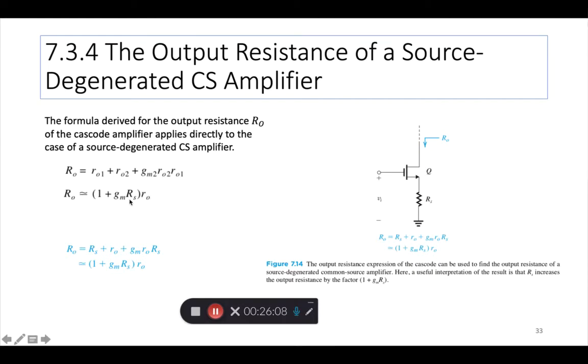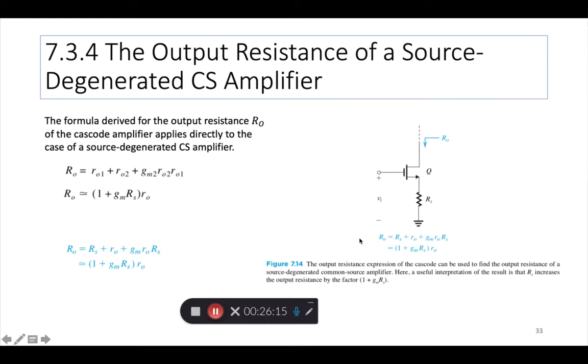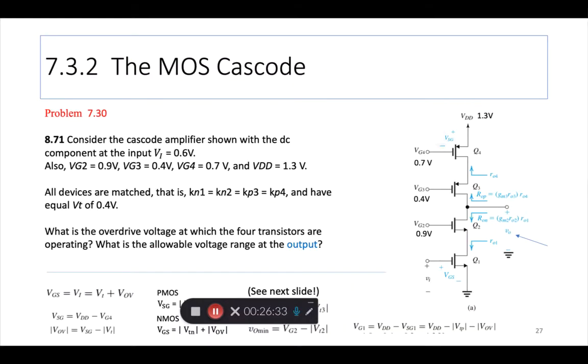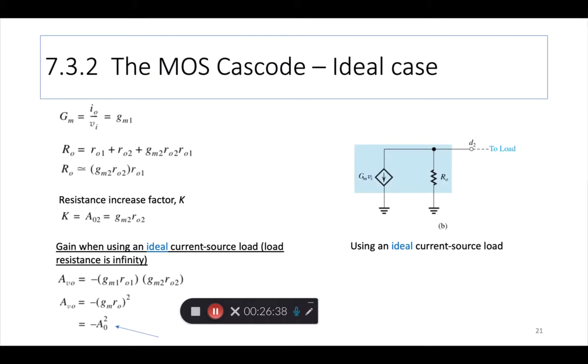Instead of Rout, this should be RO, right? Let's see. The output resistance, okay. So this RO is gm2 RO2 and RO1.